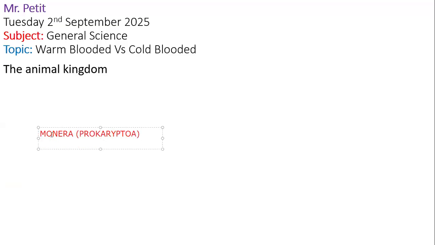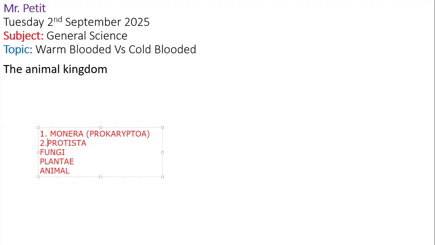The second one is Protista. The third one is Fungi. The fourth one is Plantae. And the fifth one is Animalia. So these are the 5 main kingdoms.